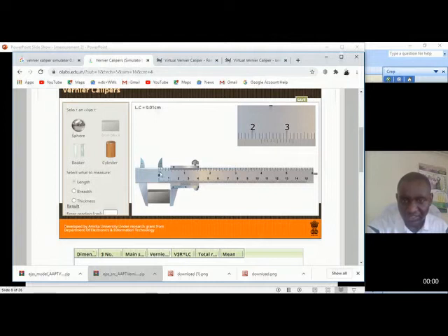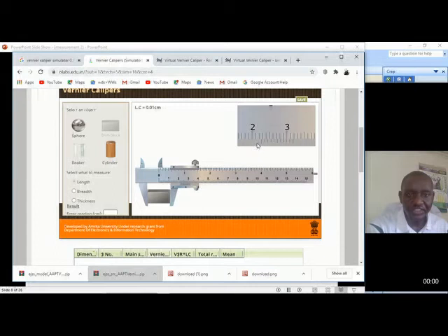This scale has been extrapolated and it is here. So you record the main scale reading. How do you record? This is 2. We said every point here is 2.0, 0.1, 0.2, 0.3, 0.4, 0.5, 0.6, such like.